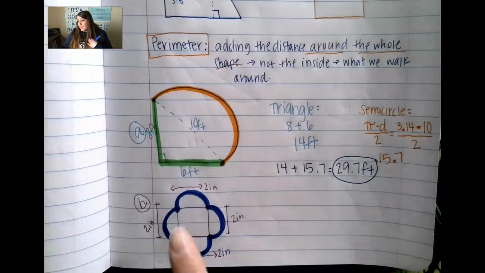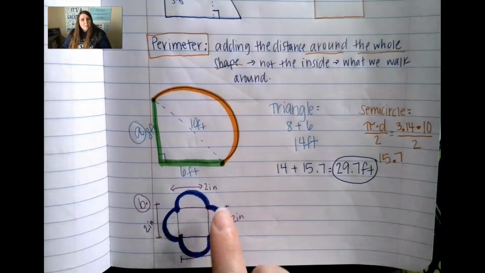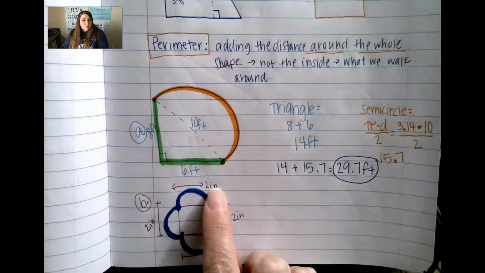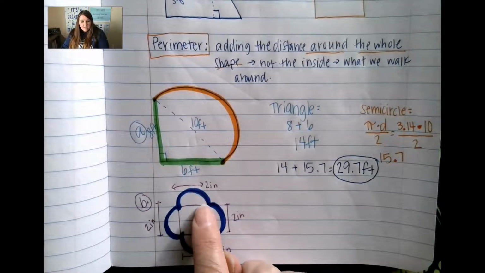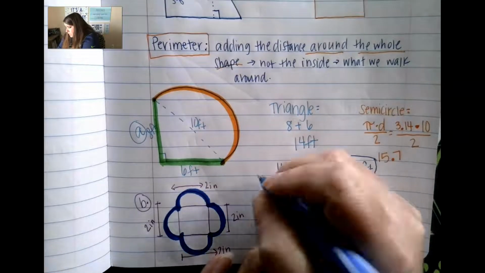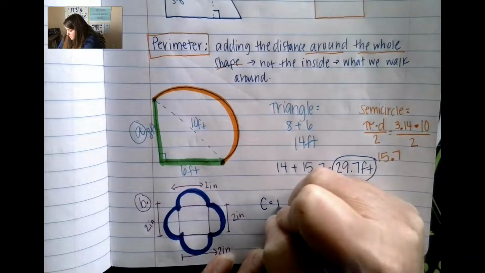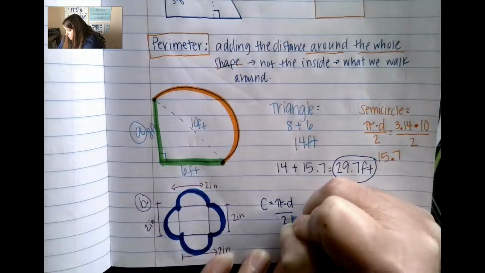However, we can't find the perimeter of the curve unless we use the square in the middle, which is 2 inches. So this acts as the diameter. So let's talk about circumference. So we know that circumference equals pi times the diameter cut in half.